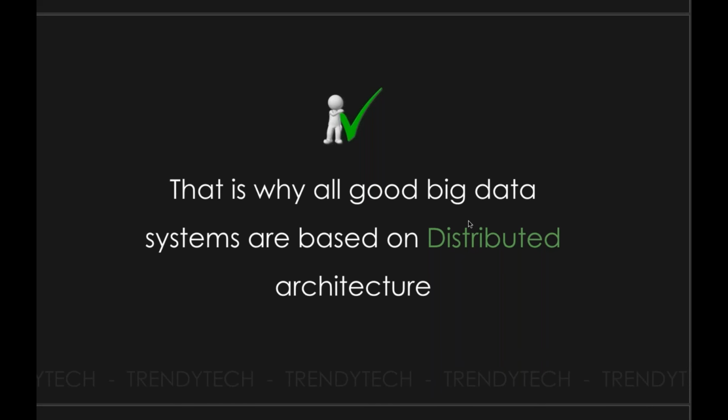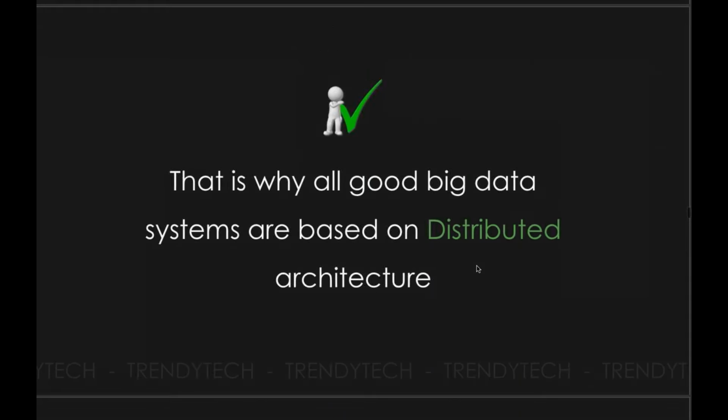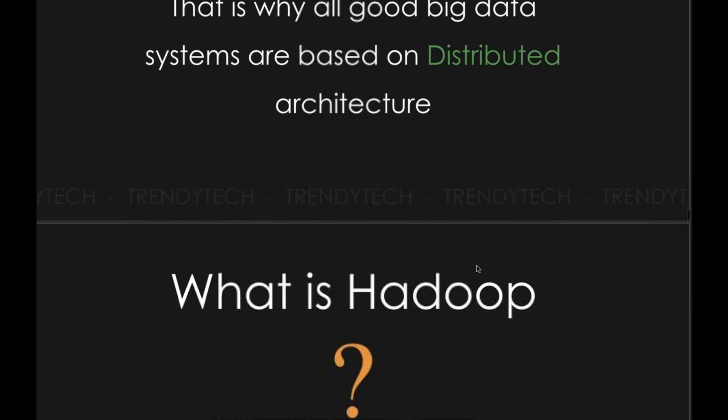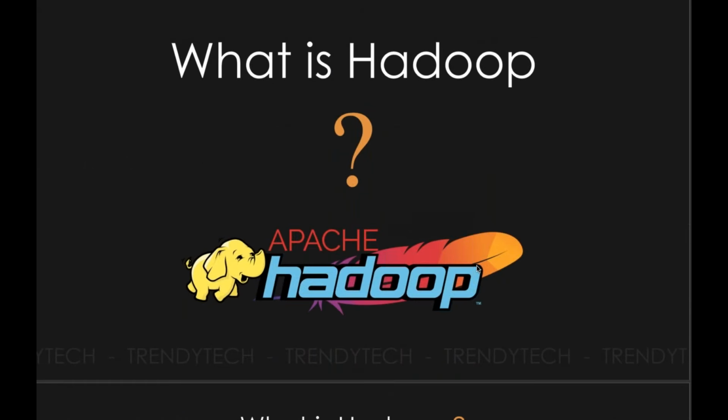So we need to first think of storage, then we need to think of processing, and then we need to think of scalability. And for scalability, it is said that we should not go with monolithic systems. We should only go with distributed systems because those are truly scalable. So let's take a pause here and then let's continue with Hadoop.